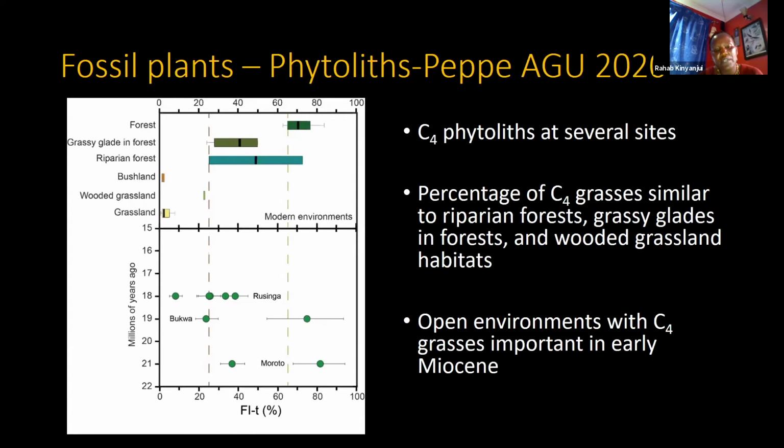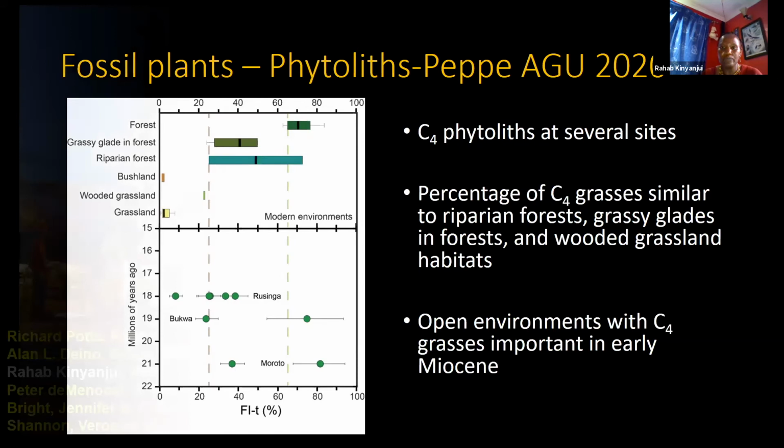Is Rusinga an open environment or a closed canopy environment? So other than working on the fossil material, we also worked on modern analogs, so that we can clearly understand the environments and reconstruct them in the best way possible.